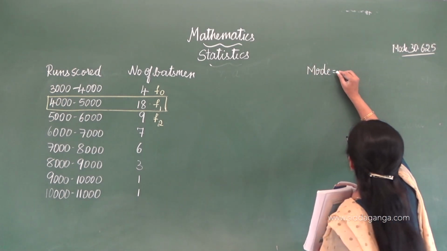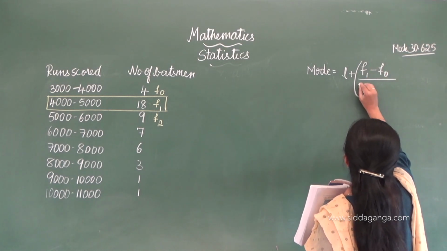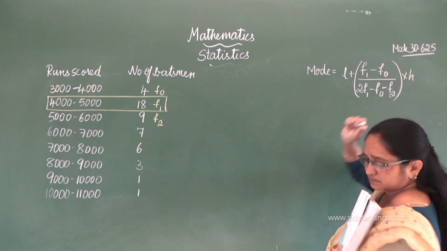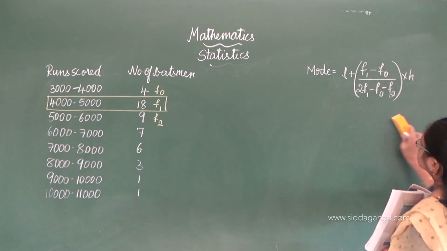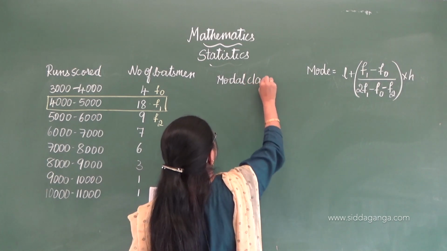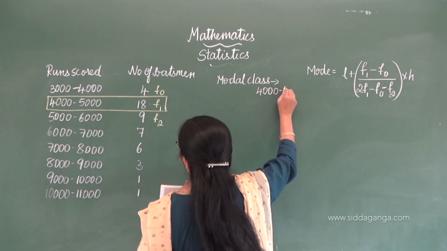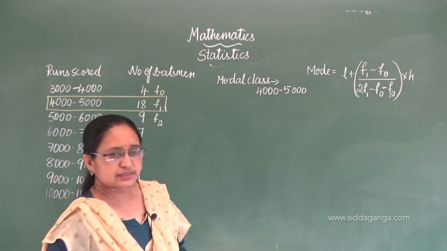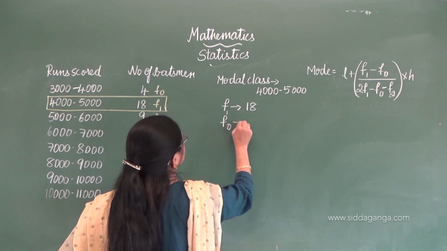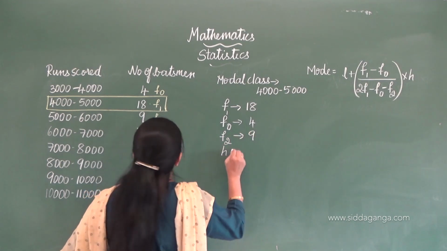Mode is equal to L plus (F1 minus F0) over (2F1 minus F0 minus F2) into H. So the modal class is 4000 to 5000. F1 is 18, F0 is 4, F2 is 9, H is 1000.